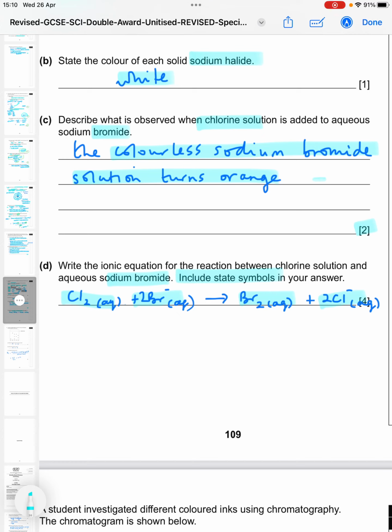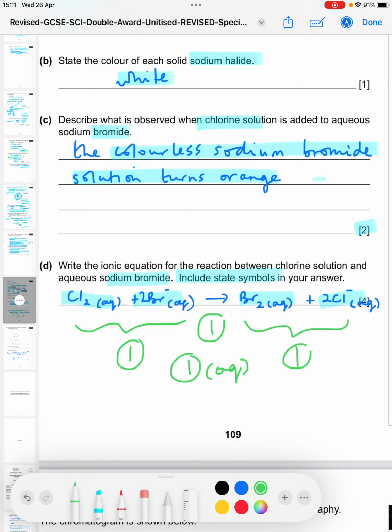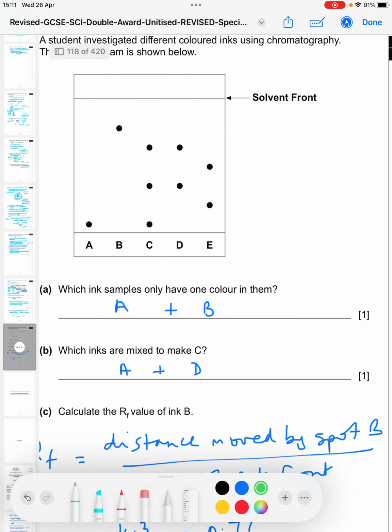So 4 marks for this. And typically the way these are marked is 1 mark for the left hand side, 1 mark for the right hand side and getting the correct species on each side, 1 mark for balancing, and then 1 mark for your state symbols, so in this case the aqueous.